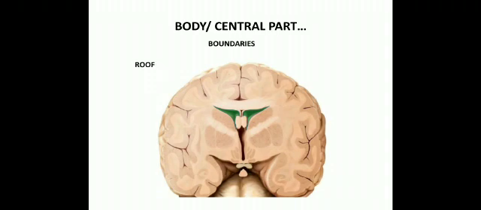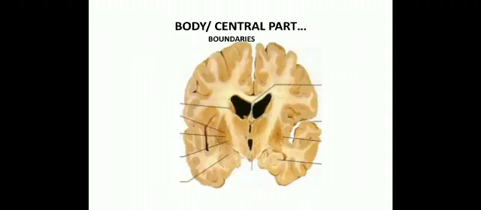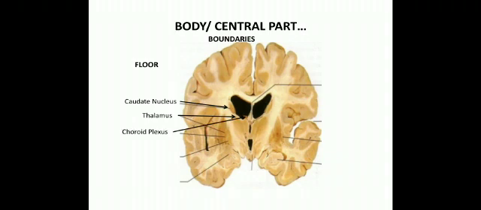The boundaries: the roof is formed by the undersurface of the corpus callosum. The floor is formed, from lateral to medial side, by the caudate nucleus, that is the body of the caudate nucleus, the thalamus, the choroid plexus, and the body of the fornix.